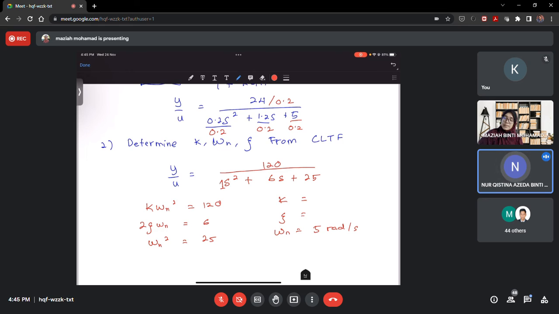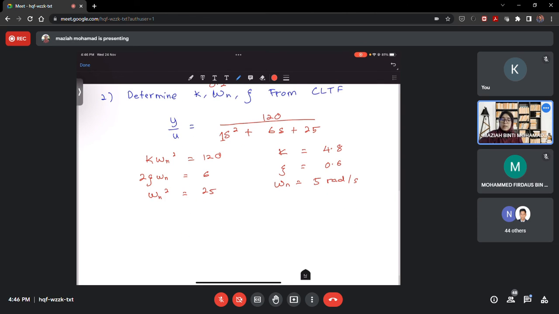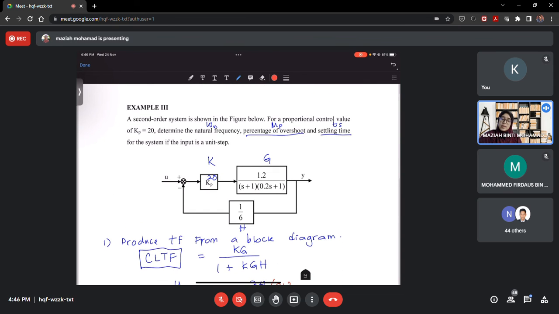K 4.8, zeta 0.6. Okay, so now we have all the parameters K, zeta, and omega n. All right, now step number 3 is, we need to calculate for maximum overshoot and settling time.